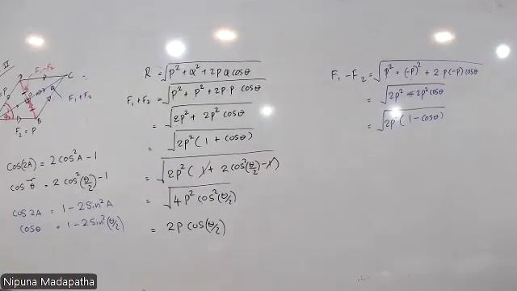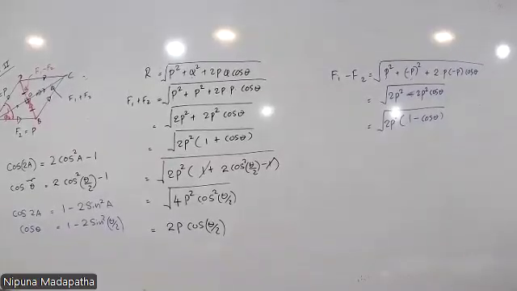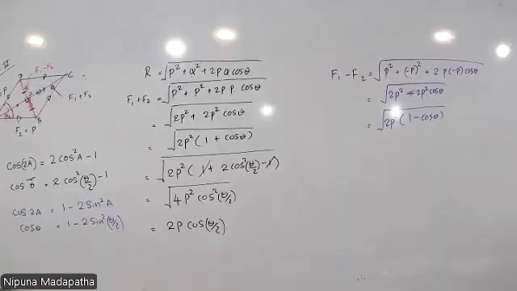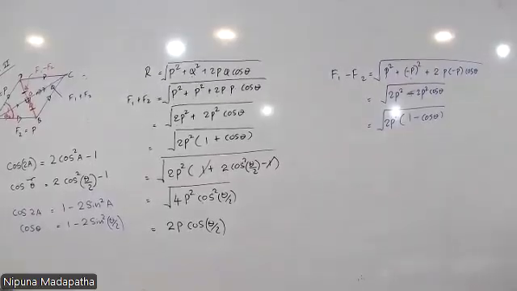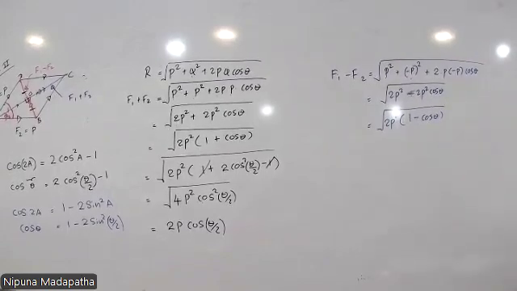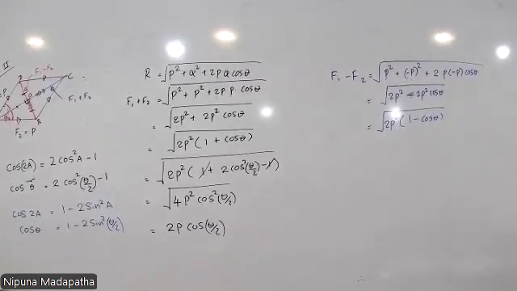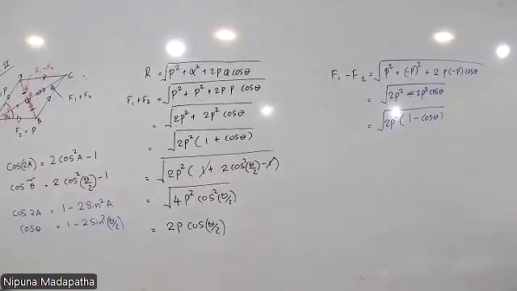There are 3 expressions for cos 2a. One is 2 cos squared a minus 1. The other one is 1 minus 2 sin squared a. The other one is cos squared a minus sin squared a. Then the tan 2a expression: 2 tan a over 1 minus tan squared a.